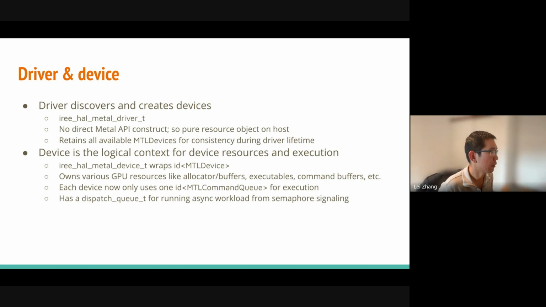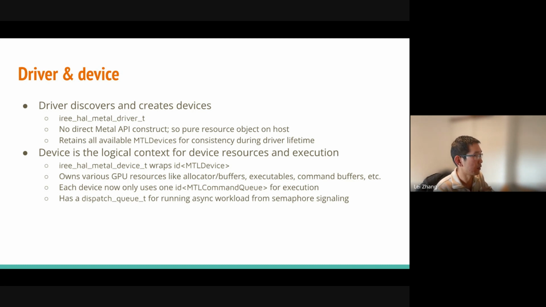For now, each device only uses one command queue for execution. There is surface area in the API that we have plumbed through trying to support multiple queues, but that is not fully fleshed out yet. For the current implementation, each device has only one command queue.